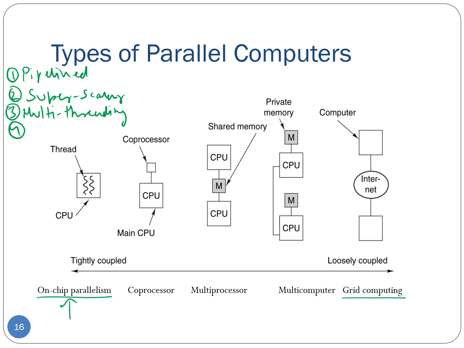So if you have a quad core processor, it has 4 cores on a single chip. So this is multi-core architecture, which is another kind of on-chip parallelism. So all of these features together can provide us a speedup of up to a factor of 10 as compared to a purely sequential design for on-chip parallelism.